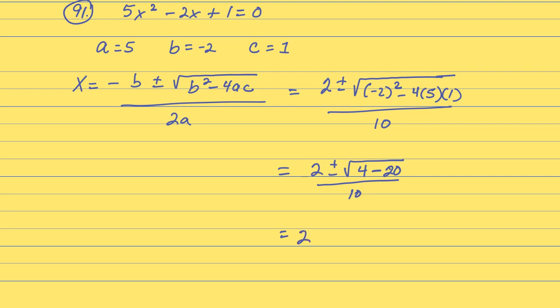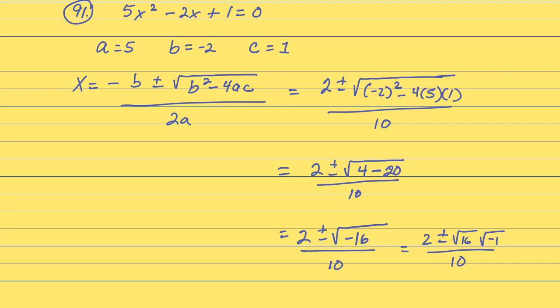So we have 2 plus or minus the square root of 4 minus 20, which is negative 16, divided by 10. Okay, so you have 2 plus or minus the square root of 16 times the square root of negative 1, divided by 10.